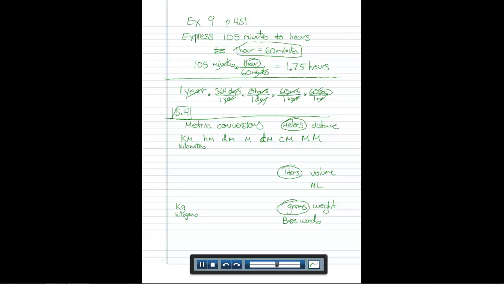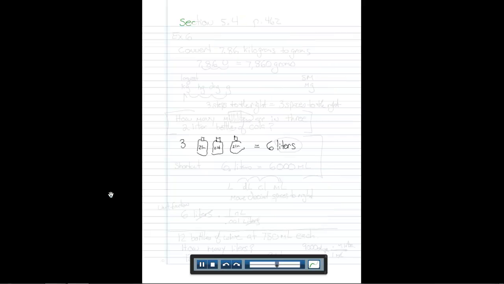So if I do example number 6, is what I said in my notes, which was on page 462. Convert 7.86 kilograms to grams.